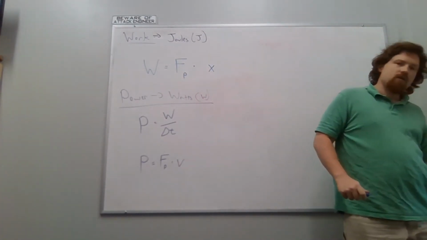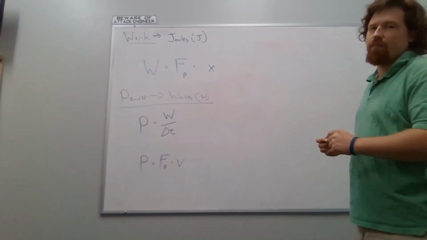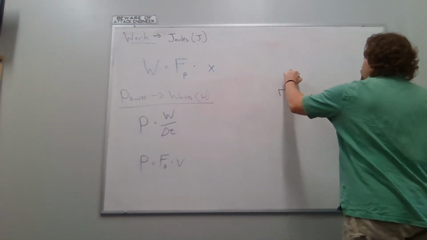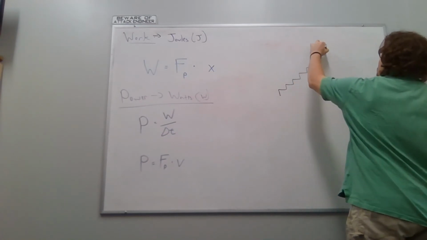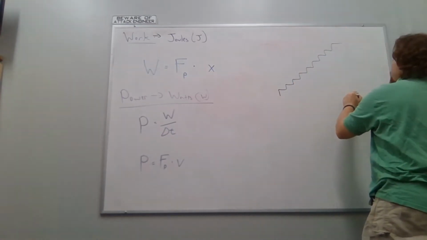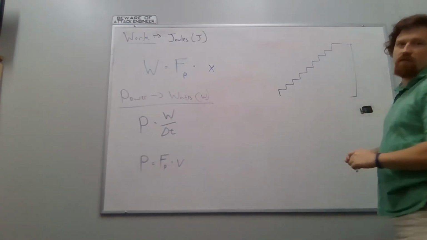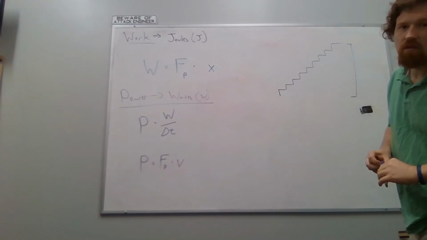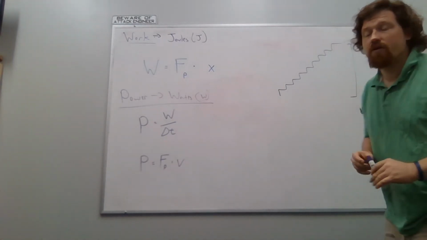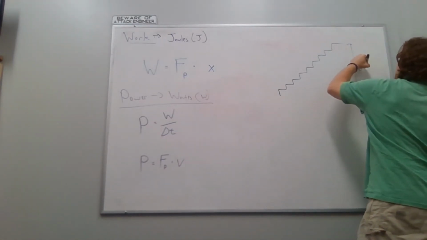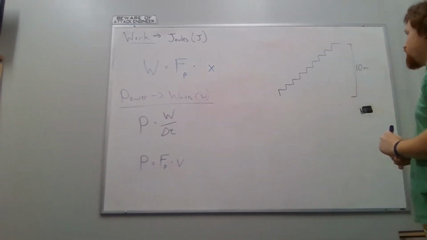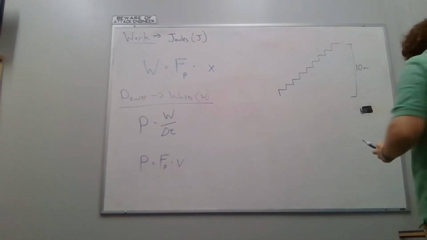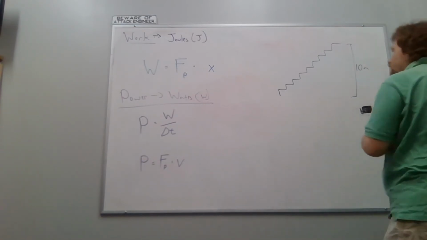Two people are both carrying boxes up a flight of stairs. This is going to represent our flight of stairs, and this stair flight has a total height. These stairs have a height of 10 meters. Two separate people are going to be climbing these stairs.